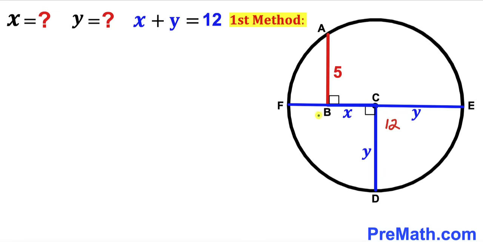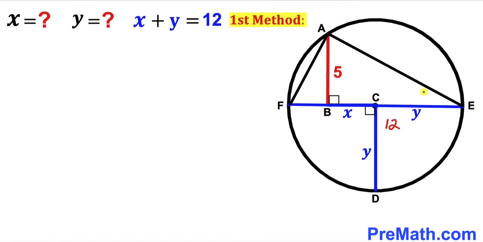In this next step, I have extended segment BE all the way to point F, such that FE is the diameter of this circle. Now I am going to connect vertex A with points F and E, so I have connected A to E and AF.